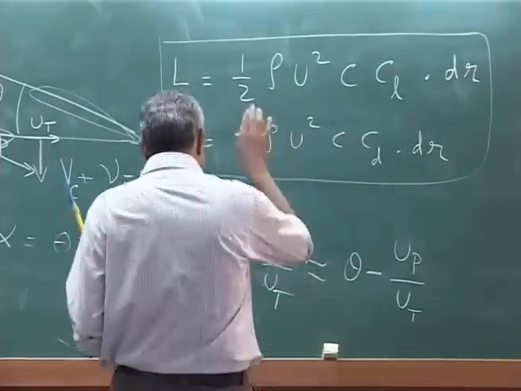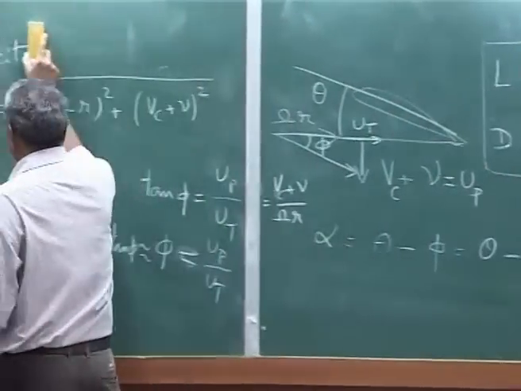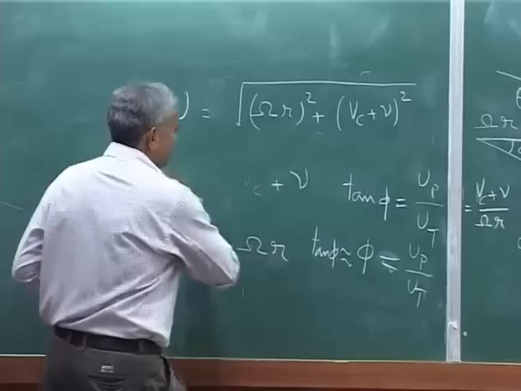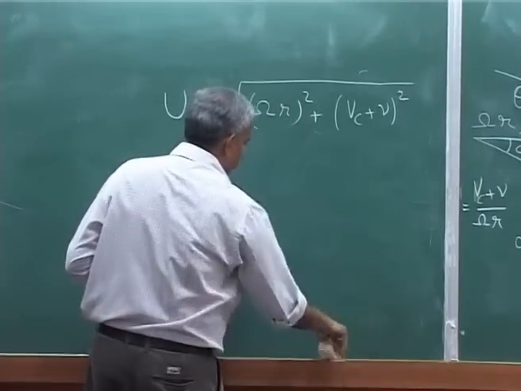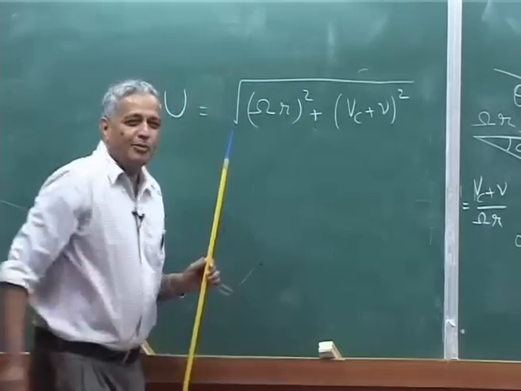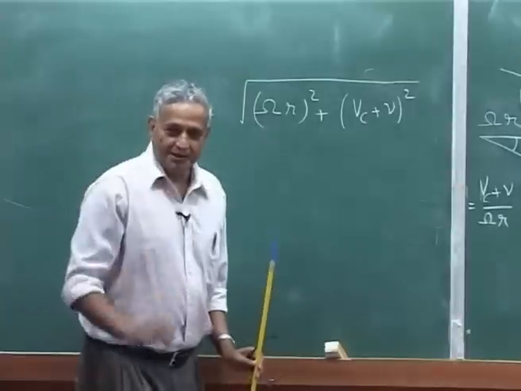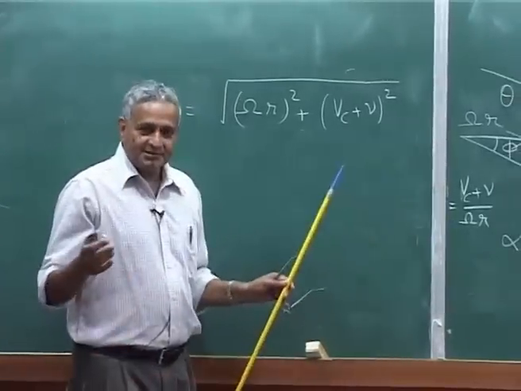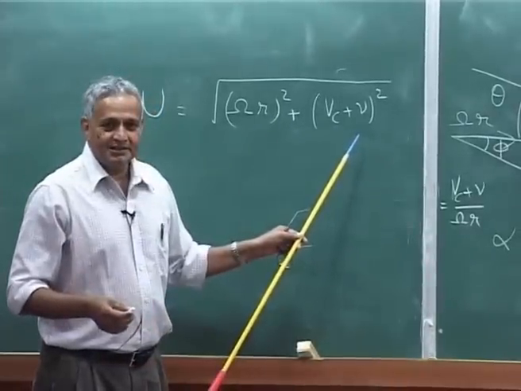Now, I make one more approximation. I am going to call u, I say omega r, because when phi is small, basically omega r is large. So, when omega r is large, this is a small quantity.